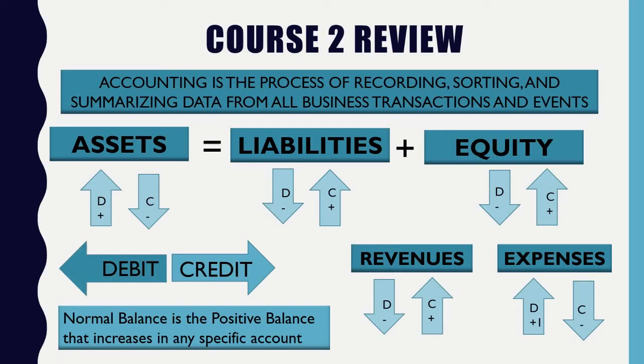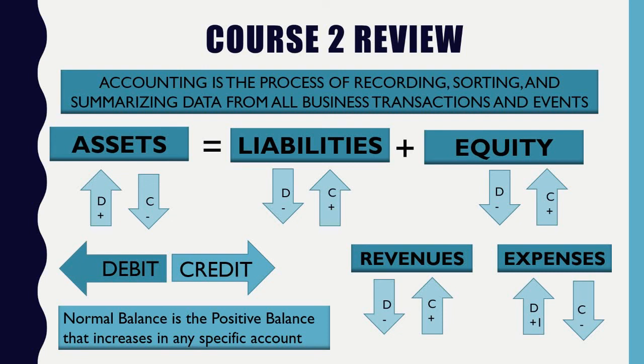Okay, and then here we are at our course review. As we reviewed, we understand what accounting is and what the nature of a business is. We also understand that the accounting equation is: your assets equal your liabilities plus your equity. That's very important.